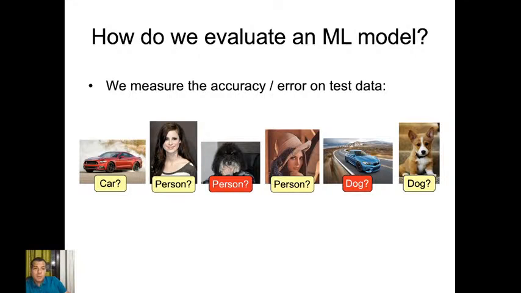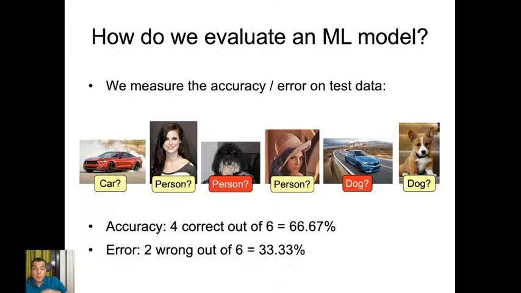Okay, so how do we evaluate a machine learning model? The first example is just to measure the accuracy or the error on the test data. It's important to measure it, I stress, on the test data and not on the training data. In this example, we have some images with some labels. 4 of these are correct and 1 is wrong.